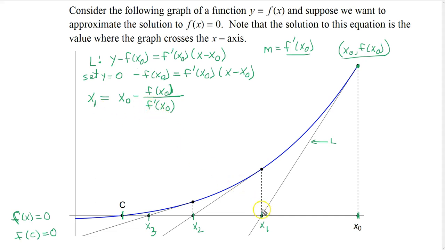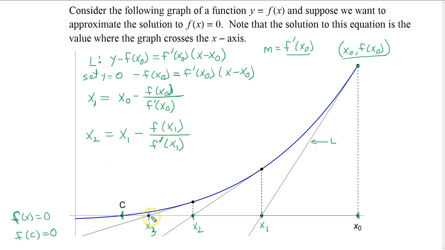Now, if we want to solve for x2, we do the exact same procedure, but with x1 in place of every x0. So to find x2, all we do is replace all the x0s with x1. So we'll get x2 is x1 minus f of x1 over f prime of x1, like that.